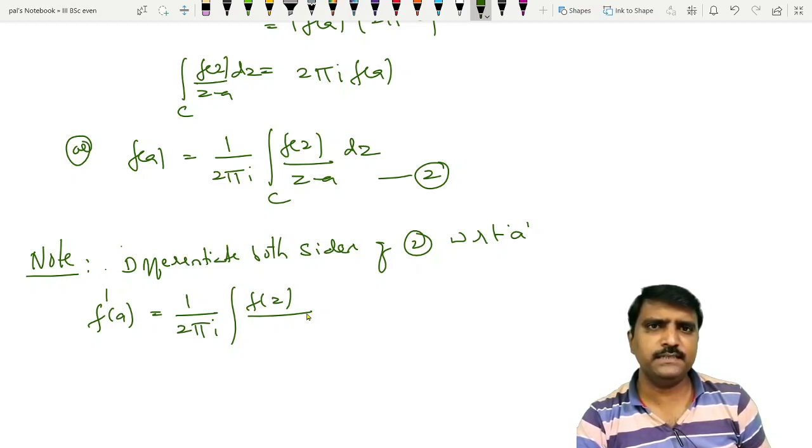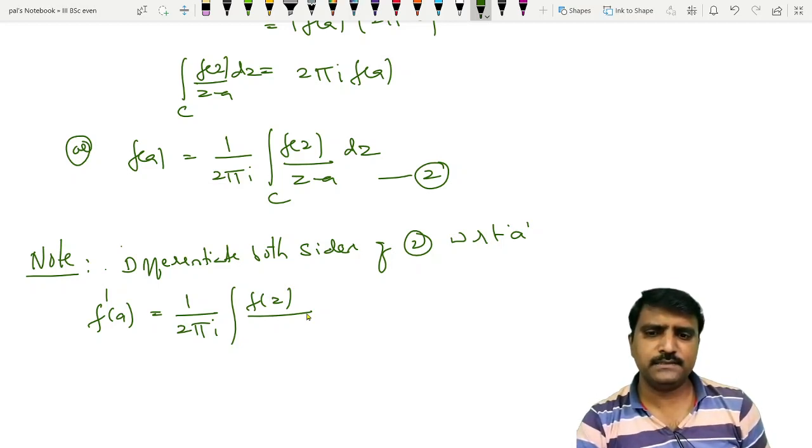Differentiation of 1/x is −1/x², so we write −1 divided by (z−a) whole square, and again the differentiation of z−a with respect to a is −1, into dz.